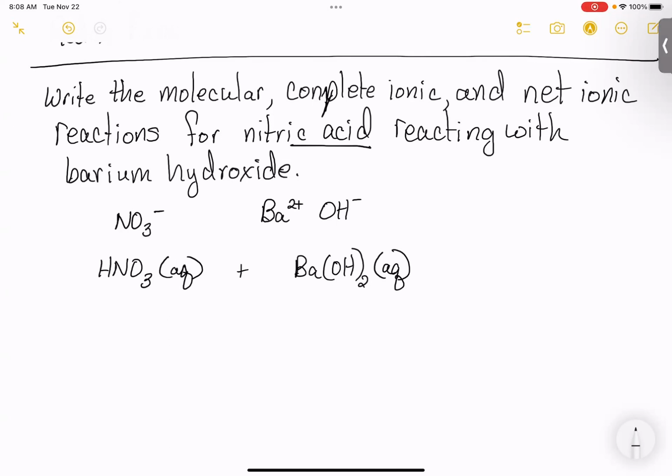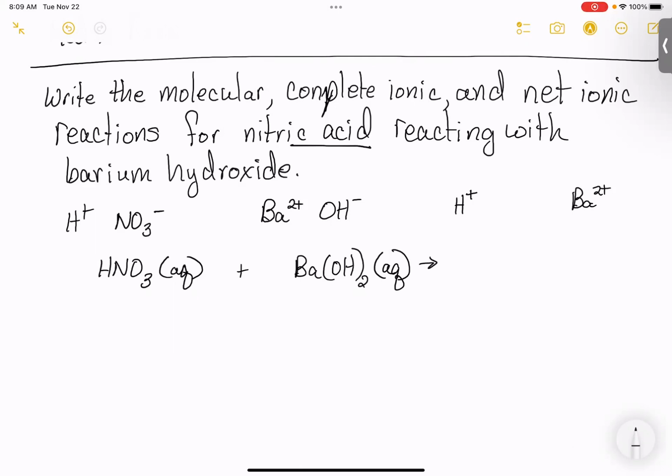Now, if you will recall, acid-base neutralization reactions are double displacement reactions, meaning that the cation is going to swap its anion partner. So when we're making our products, that means our H plus and Ba2 plus are going to swap who they are connected to.